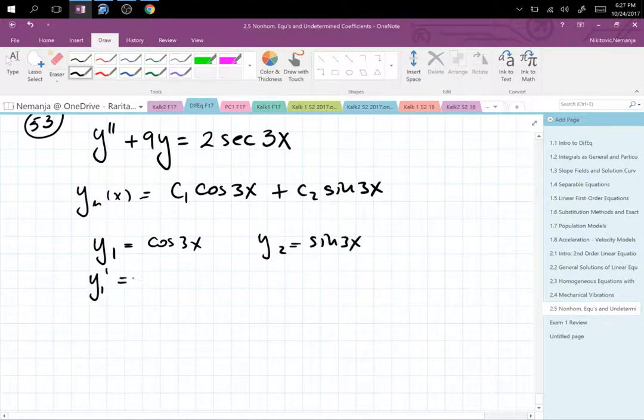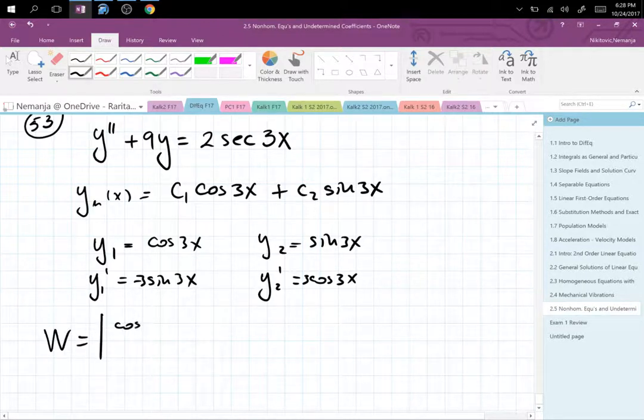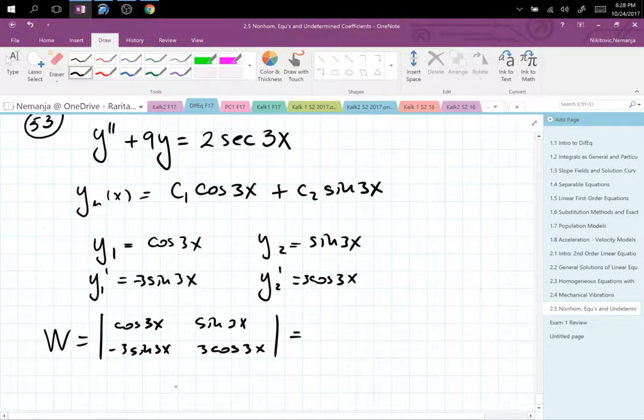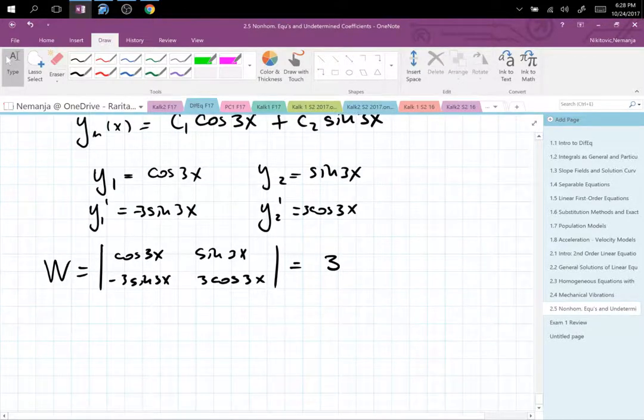Then y1 prime is negative 3 sine 3x and y2 prime is 3 cosine 3x. Wronskian is cosine 3x, sine 3x, negative 3 sine 3x, and 3 cosine 3x. This is 3 cosine squared plus 3 sine squared, which is 3. Nice.